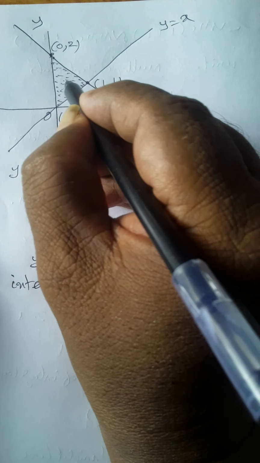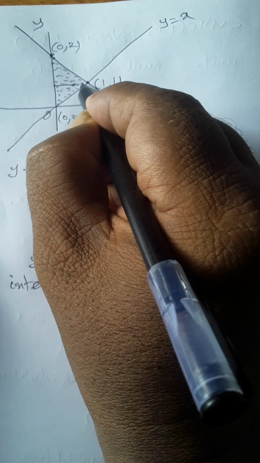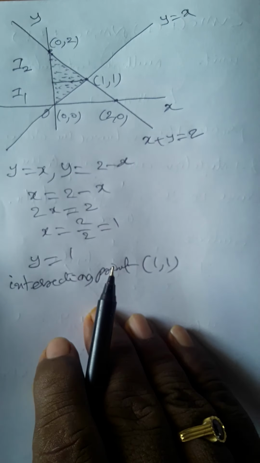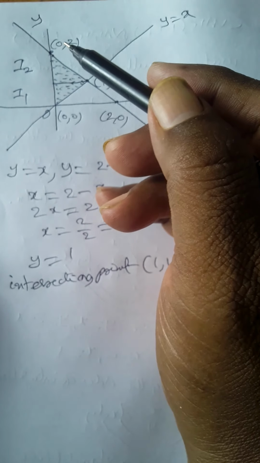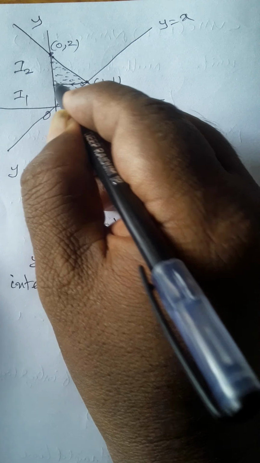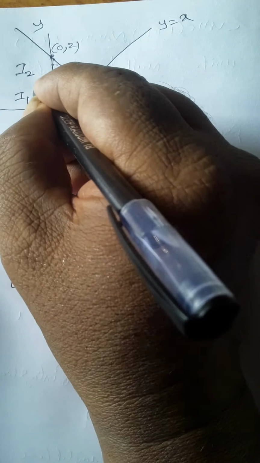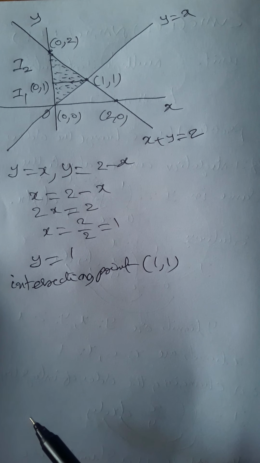This region splits into two parts. One part is I1 and another part is I2. Lower part I1, upper part I2. So finally our value is I1 plus I2. Automatically this point is (0, 1).